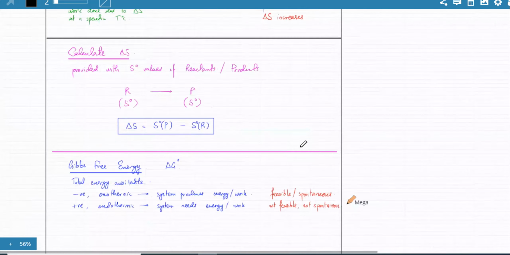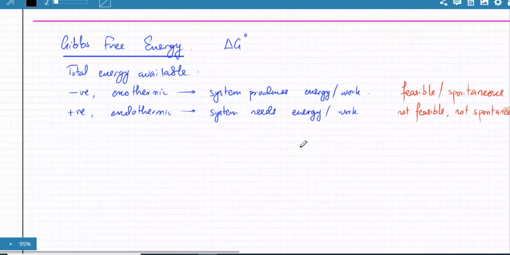So I'm going to write over here that delta G is the sum of both forms of energy, mainly these two energies. Delta G is basically the energy that is released. It's the heat energy that is released or absorbed.